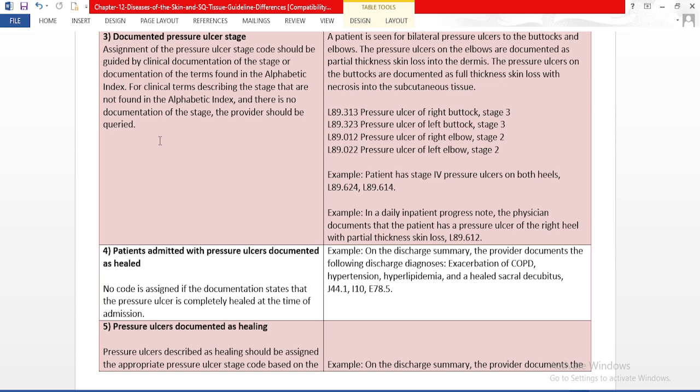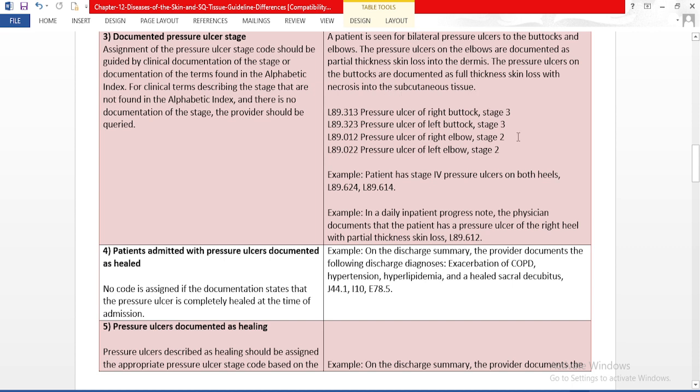So here we have an example for this guideline. A patient is seen for bilateral pressure ulcers to the buttocks and elbows. The pressure ulcers on the elbows are documented as partial thickness skin loss into the dermis. So here the depth is partial thickness loss into the dermis. The pressure ulcers on the buttocks are documented as full thickness skin loss with necrosis into the subcutaneous tissue.